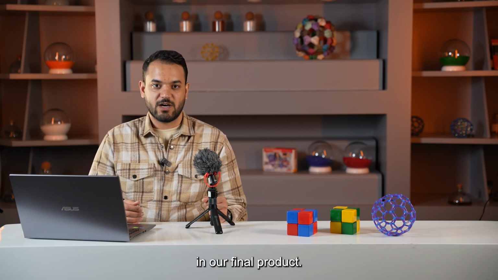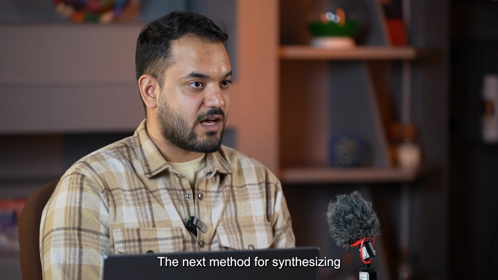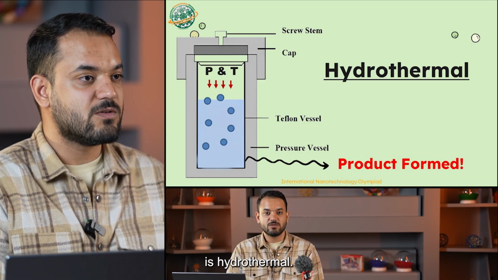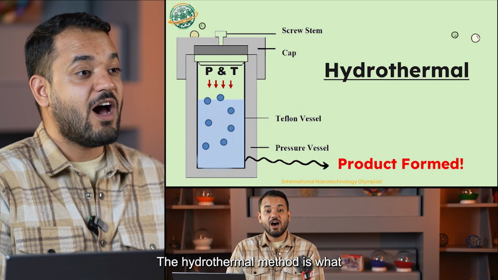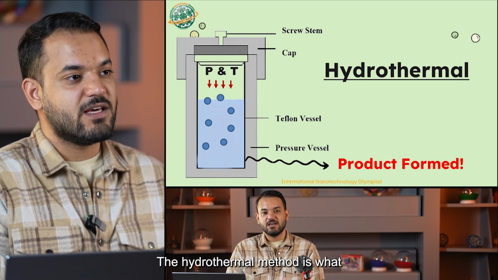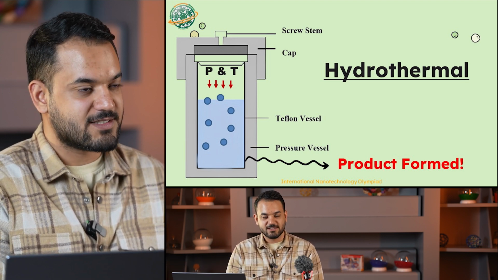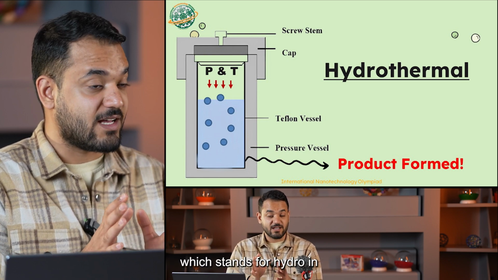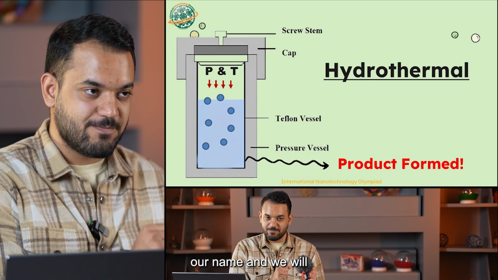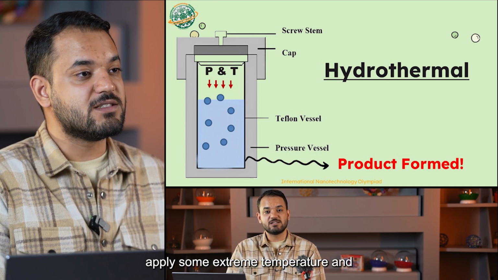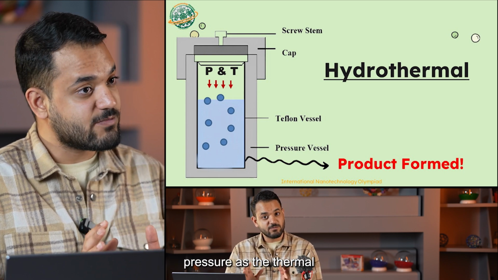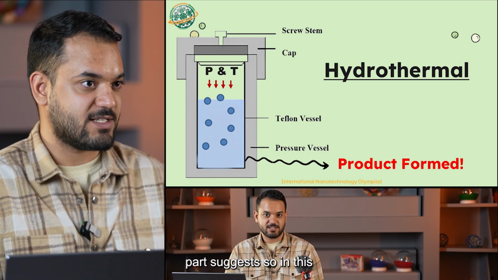The next method for synthesizing nanomaterials in the bottom-up approach is hydrothermal. The hydrothermal method is what its name suggests. We have a water solution, which stands for hydro in our name, and we will apply some extreme temperature and pressure, as the thermal part suggests.